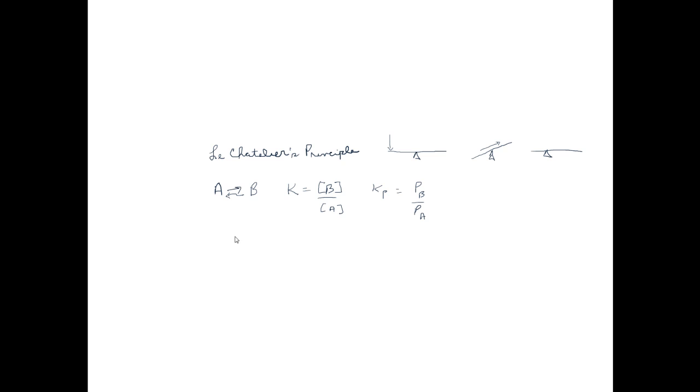Alright, so theoretically, let's say that the equilibrium constant is equal to 4 at 25 degrees Celsius, and we're already at equilibrium, so K equals 4, and let's say that the concentration of B is 8 molar and the concentration of A is 2 molar.